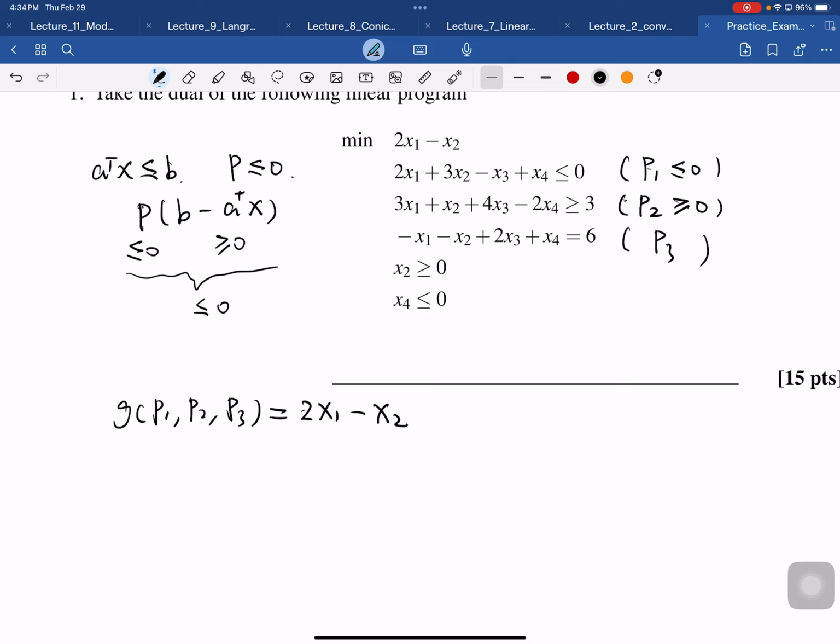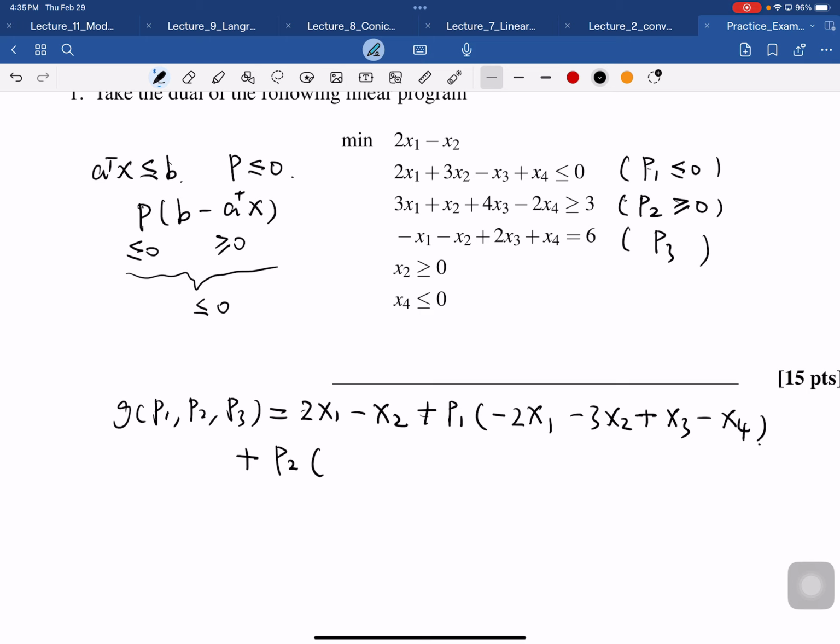So that's why we should multiply p1 times the negative of the left-hand side, right, which is minus 2x1 minus 3x2 plus x3 minus x4. And similarly, we have to do the same thing for p2, which would be the negative of that constraint. Right?